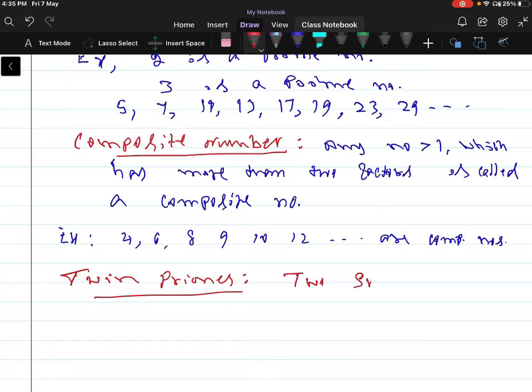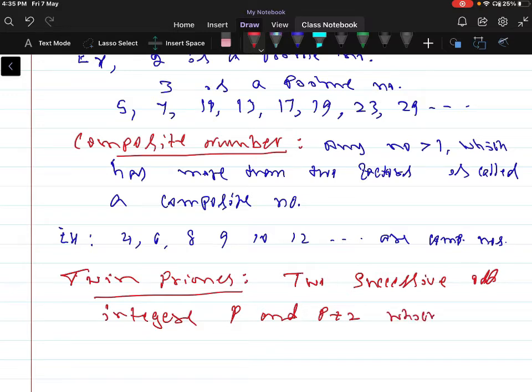Two successive odd integers p and p plus 2 which are prime are called twin primes.